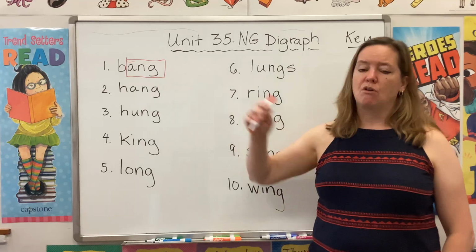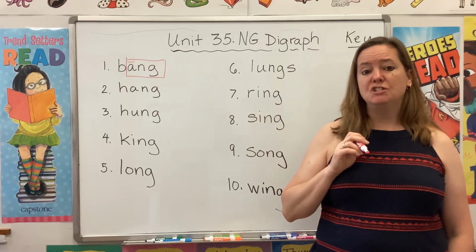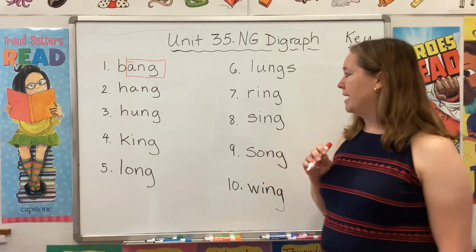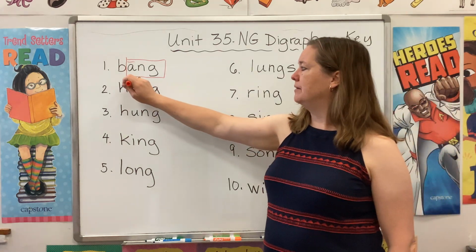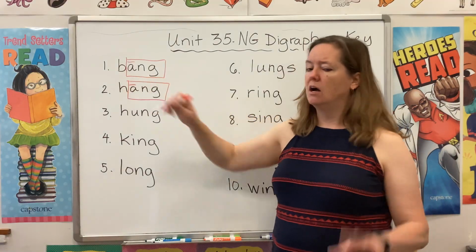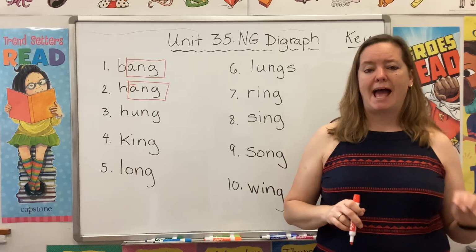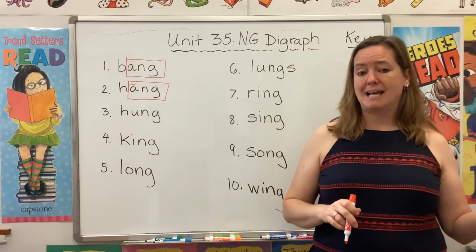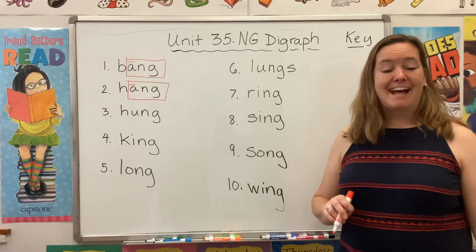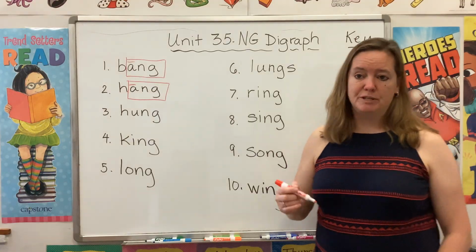Please go ahead and draw a box around the A and G in the word bang. Okay, you'll see that pattern again right here in the word hang, like I hang my wet towel in the bathroom. Okay, that's all we have for the ANG pattern.